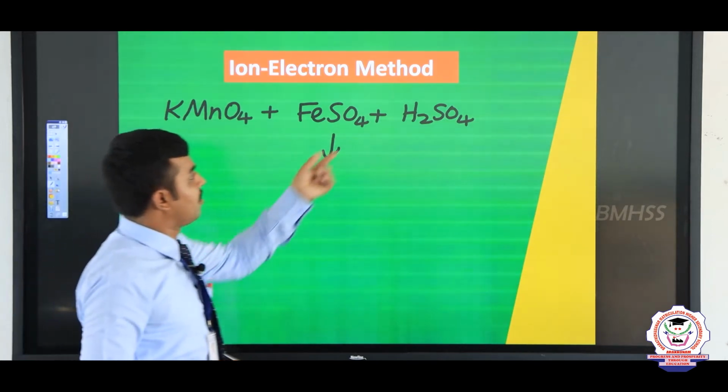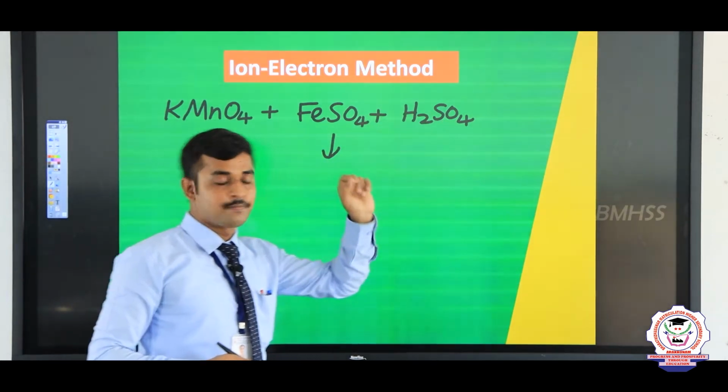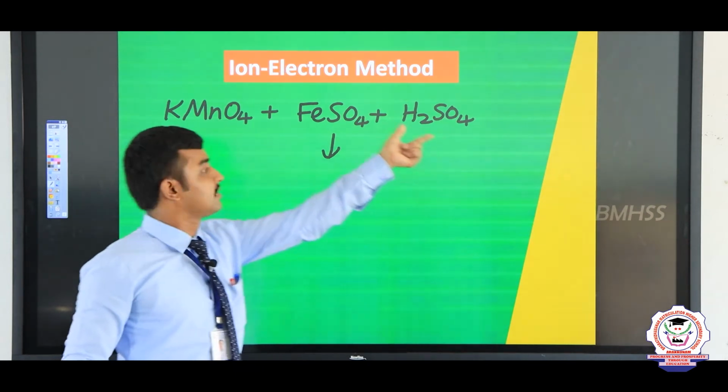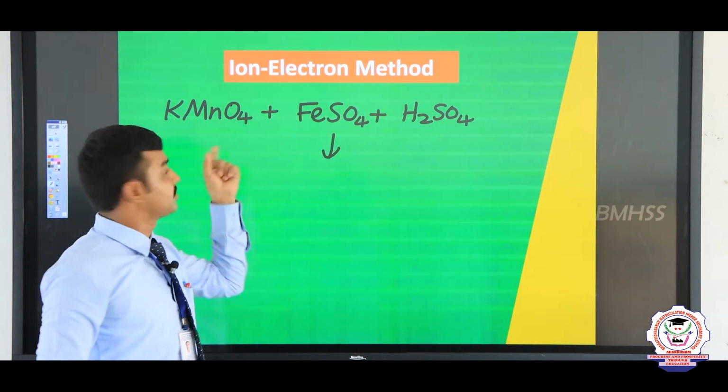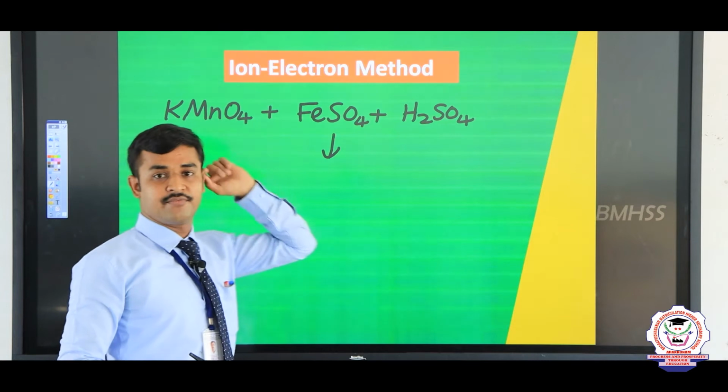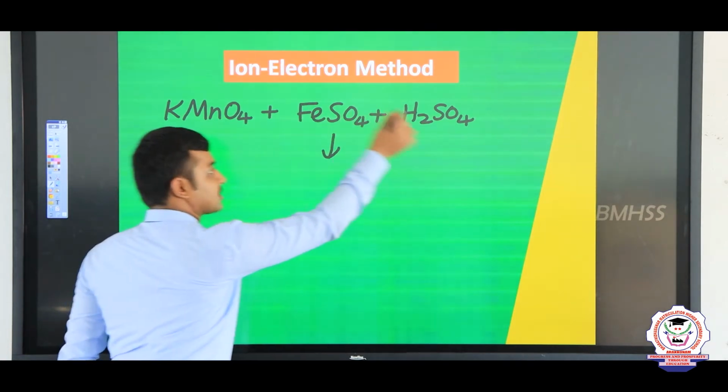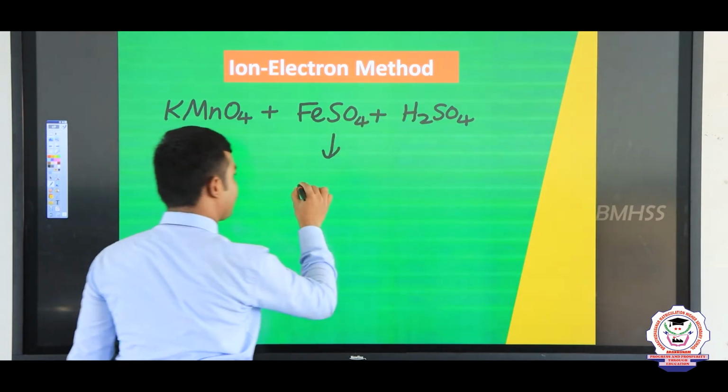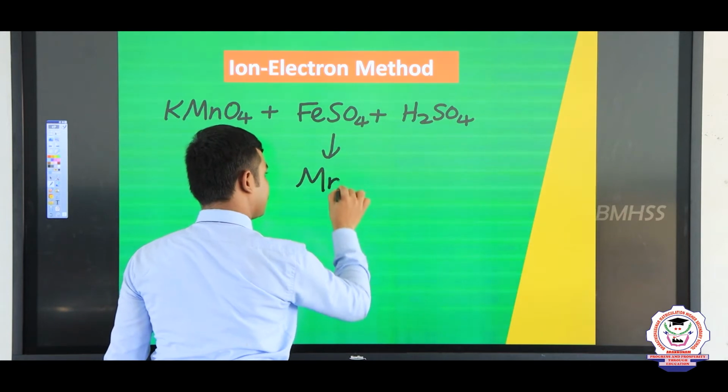The products are formed because the sulfuric acid donates sulfate ions to the manganese atom and the ferrous atom. When manganese accepts sulfate ions, it forms manganese sulfate.